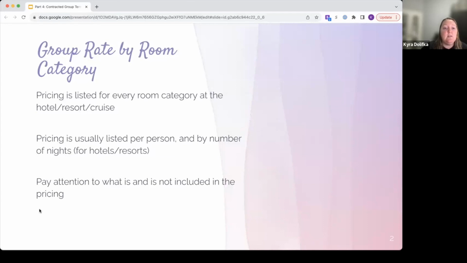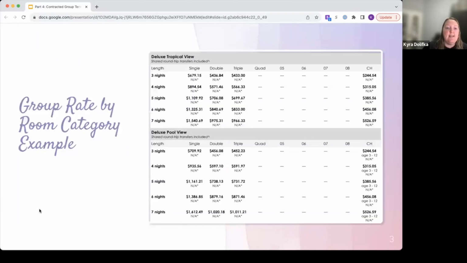When you get this room category pricing, these rates, pay close attention to what is and what is not included in the pricing, because you can relay this to your clients. So very important that you know what is included and what is not included. So let's go over an example here. I have an example of 2 room categories. This is an all-inclusive resort.